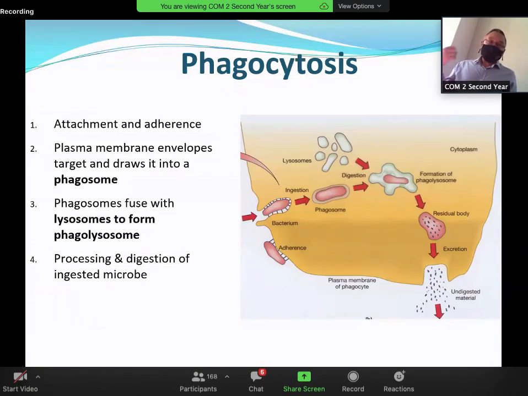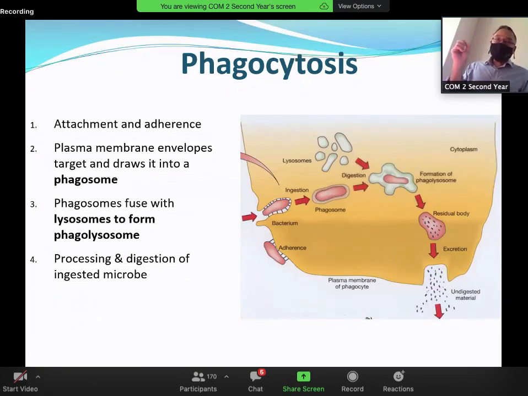That is dependent on receptor-ligand interactions. The ligand being the so-called antigen on the bacterial cell, the receptor on the phagocyte recognizing that ligand as being foreign or non-self. So you need this receptor-ligand interaction initially.